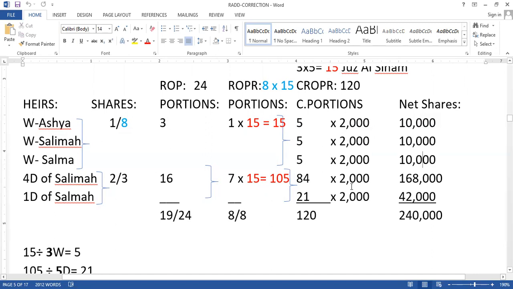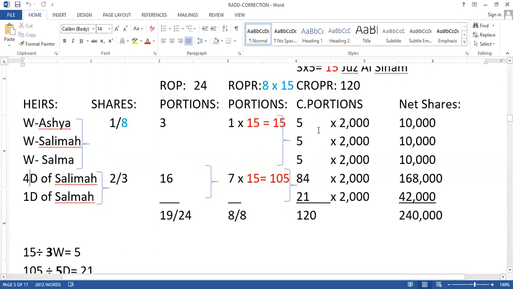Okay? So pag i-divide mo yung 168,000 divided by 4 sa kanilang magkakapatid, so 42,000 yung kanyang makukuha, each of the daughter of Salima. And for the one daughter of Salma, 21 times 2,000 is equals to 42,000. So syempre, we always need to add, no, para ma-check natin kung yung sagot ba natin ay tama.